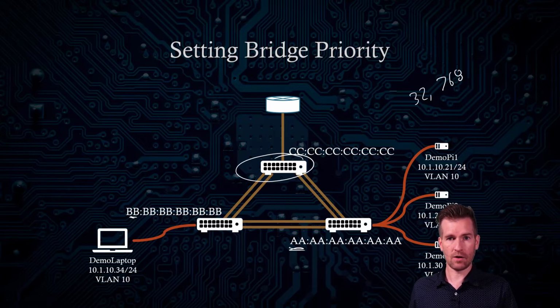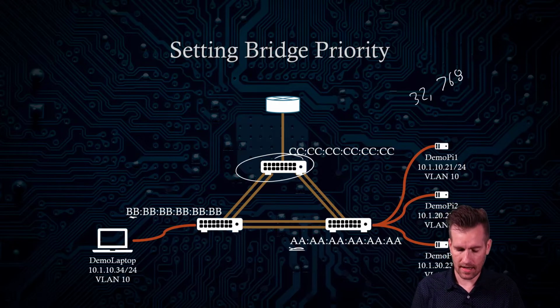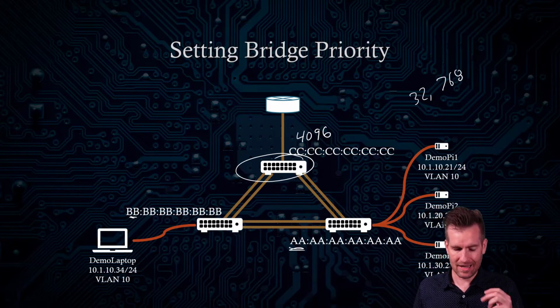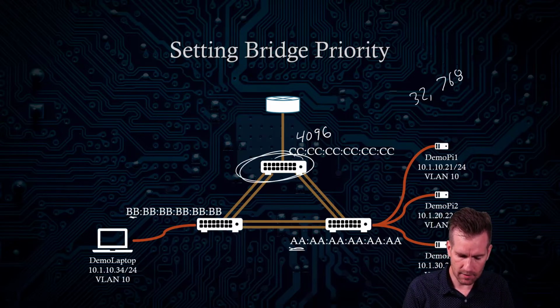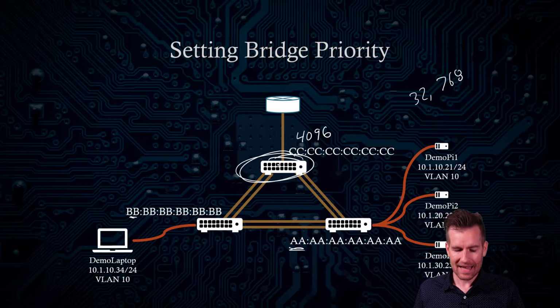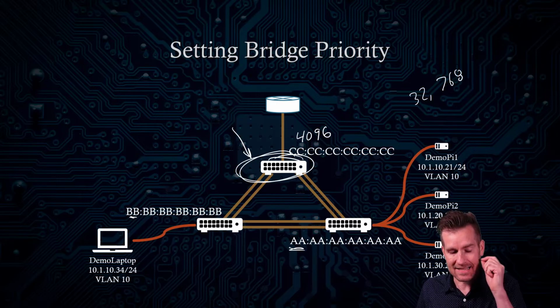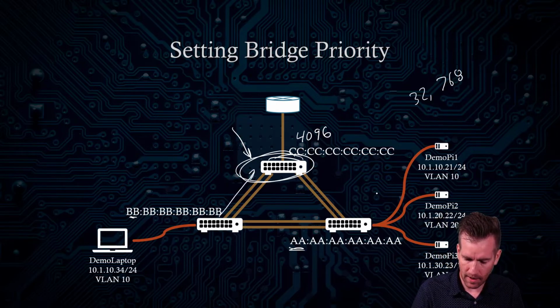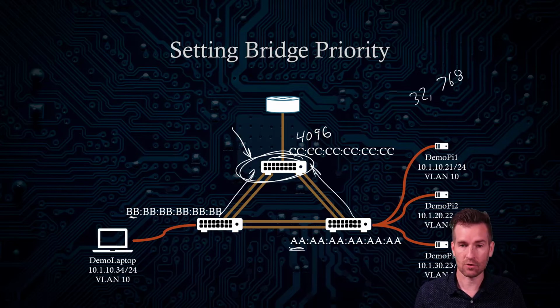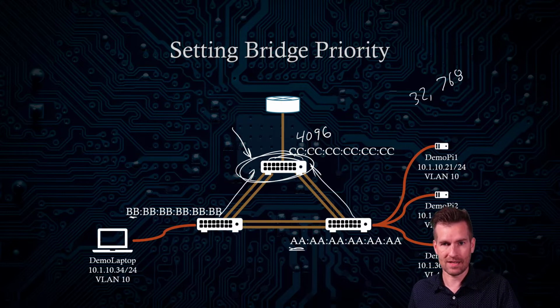We know that the priority increments up by 4,096, so I'm going to choose the first option, 4,096, and set that priority on this root bridge. Now it will make sure that this bridge is elected as the root bridge, and all other devices will plan on sending their traffic towards that root bridge, or at least turning on the ports that go towards that root bridge.